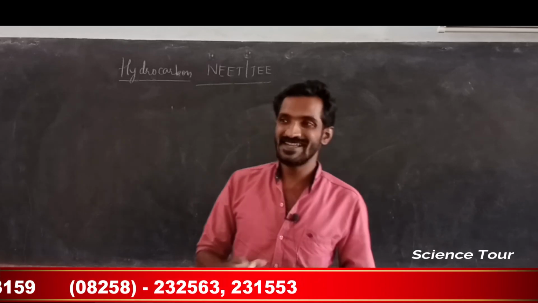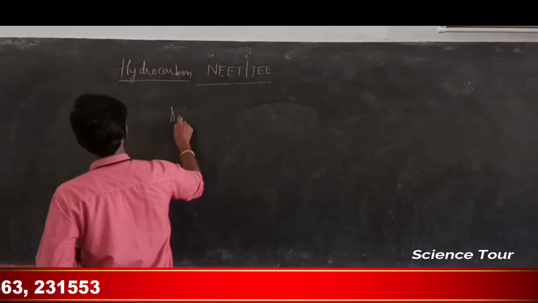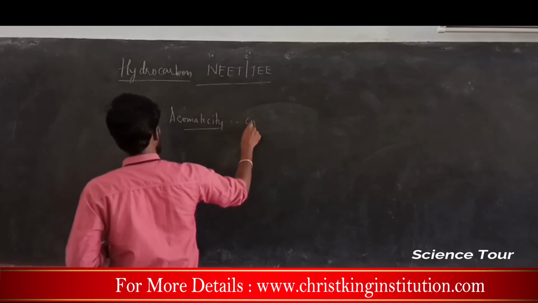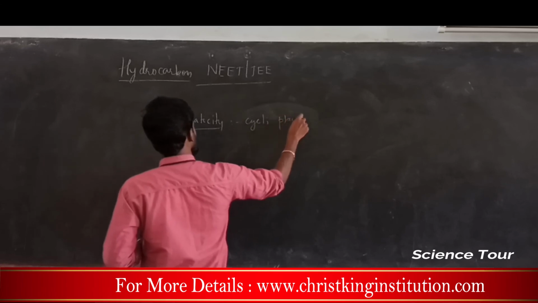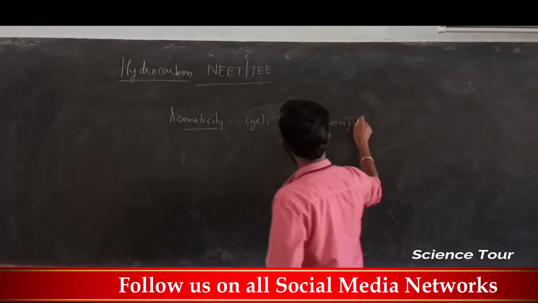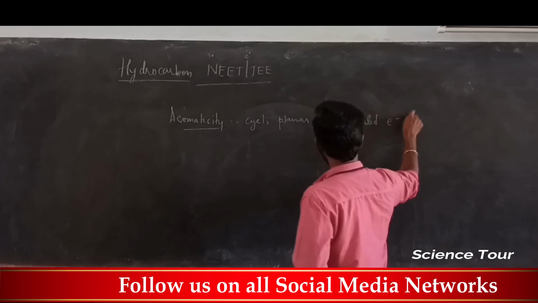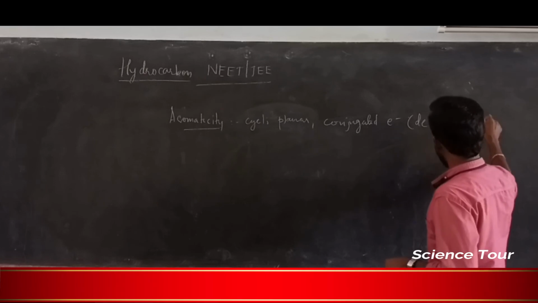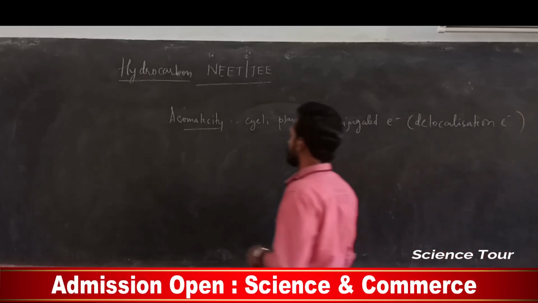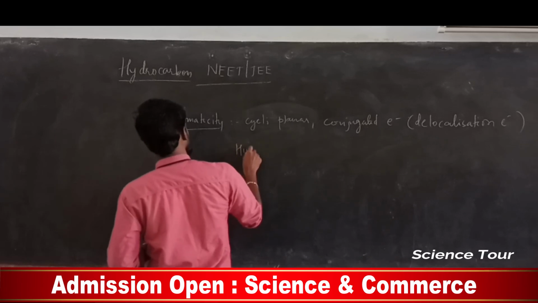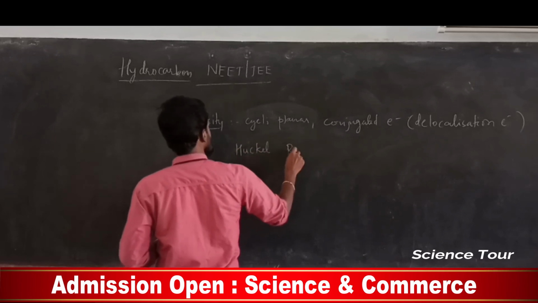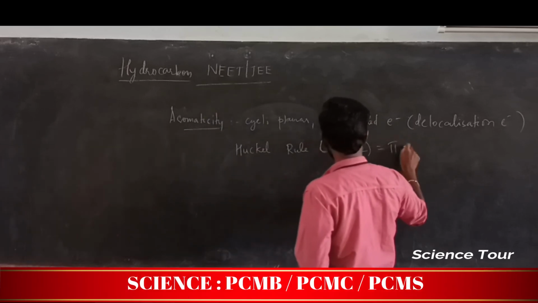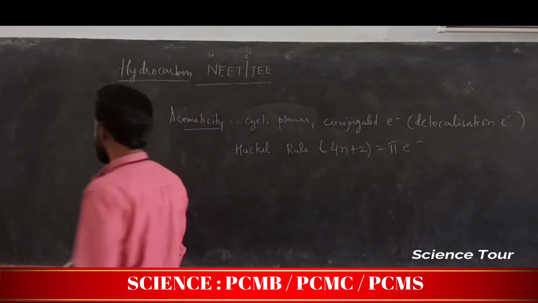So aromaticity means generally I will say that if a compound is cyclic and planar, and if it has a conjugated electron system, that means delocalization of electrons, and one more, if it obeys Huckel rule, 4n plus 2 pi electrons, then it is actually, my dear students, an aromatic compound.